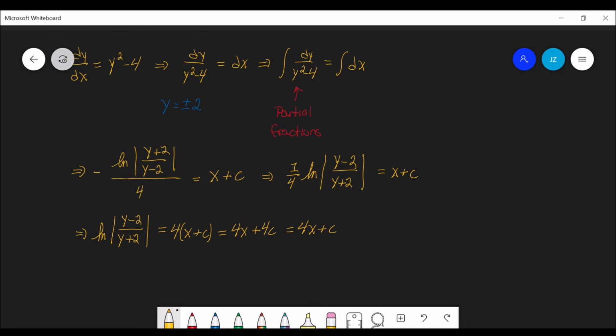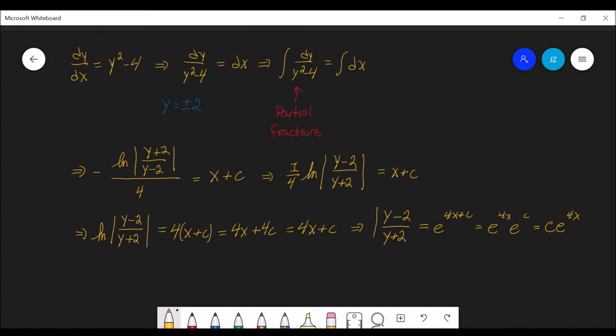Again, to undo a log, we take that as the exponent, base e, and so we're going to have the absolute value of (y minus 2) over (y plus 2) is equal to e to the 4x plus c, which is of course e to the 4x times e to the c. And e to the c is still a constant, so I'm going to write it as c e to the 4x.